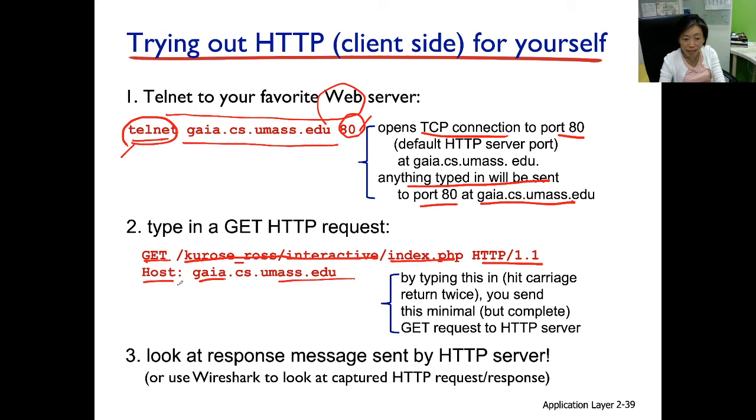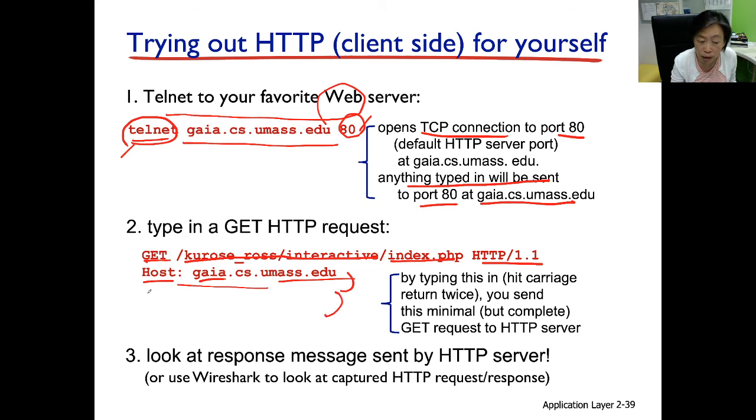Right, so that's a header line. Essentially, we are trying to act as a human web browser by typing an HTTP request message right here. Once we are done with this, we hit return, and then we hit return again.